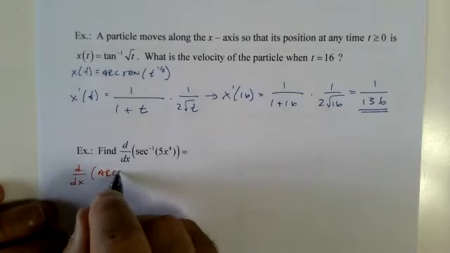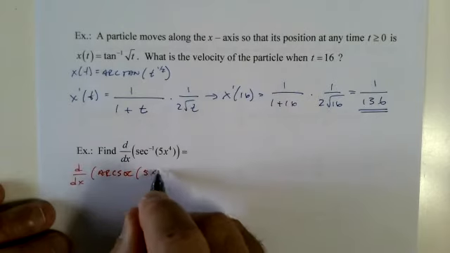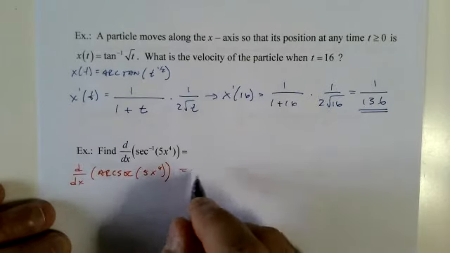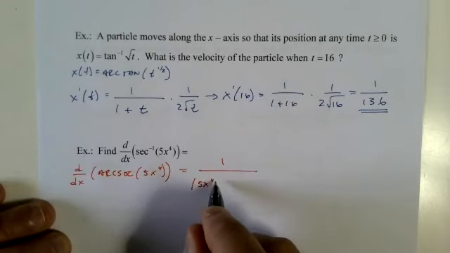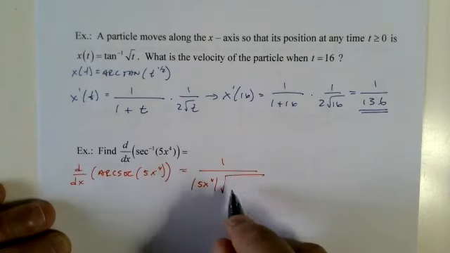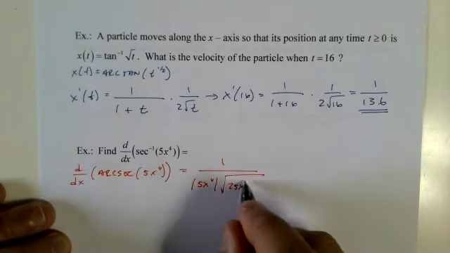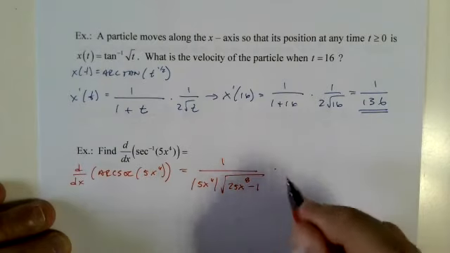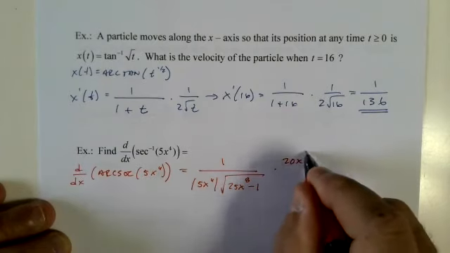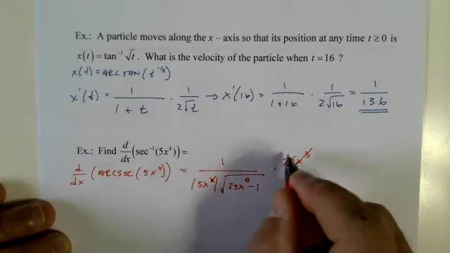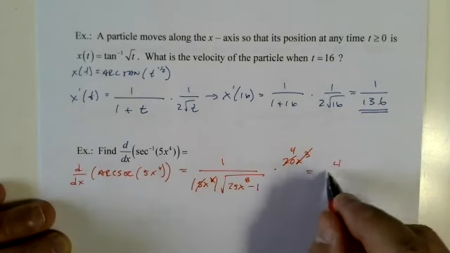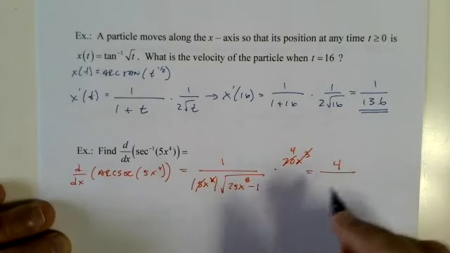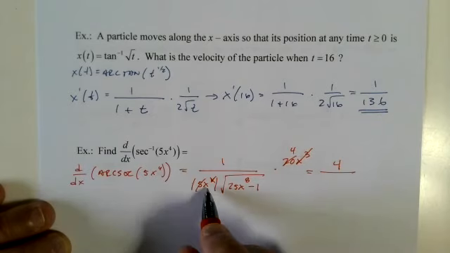Arcsecant of 5x to the 4th equals 1 over whatever is in there, absolute value, times the square root of, square this, 25x to the 8th minus 1, times the derivative, 20x to the 3rd, equals 4 over, that was x to the 4th at one point, so it's going to be positive.